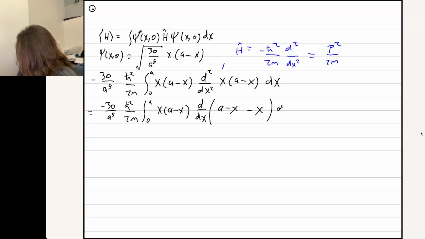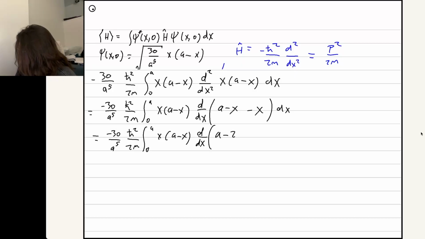Okay. I'll just rewrite it like that. Integral from 0 to a of x times the first derivative, a minus 2x, dx, which is just going to be minus 2, right?